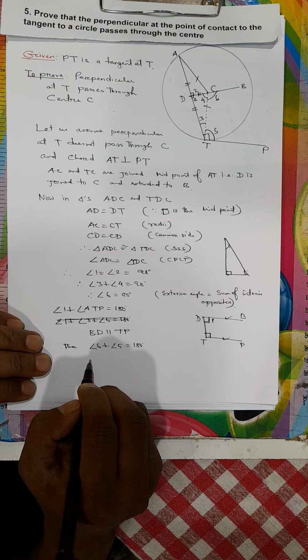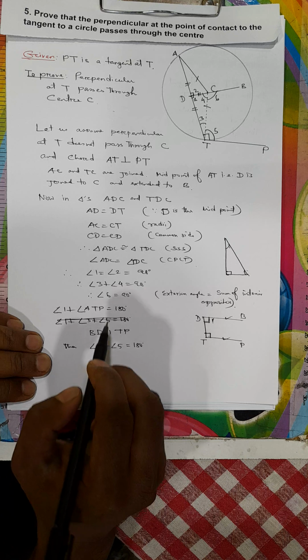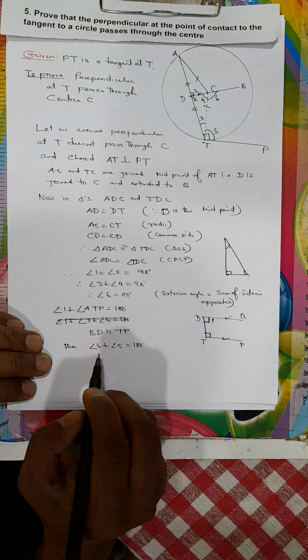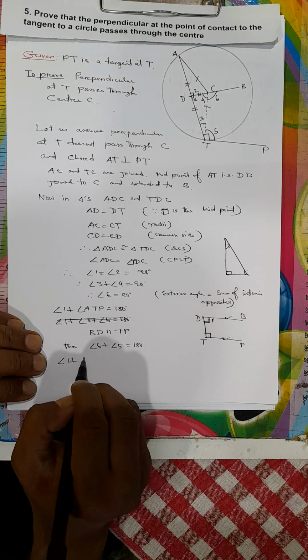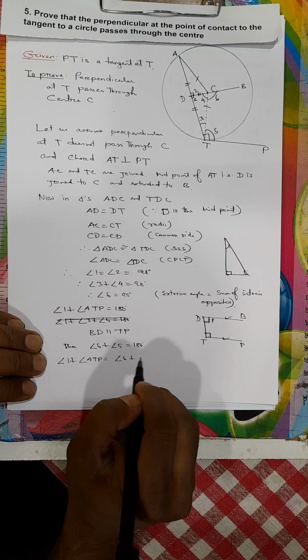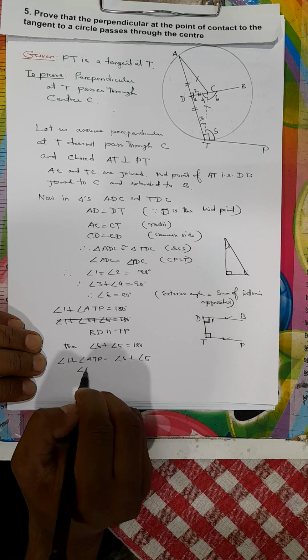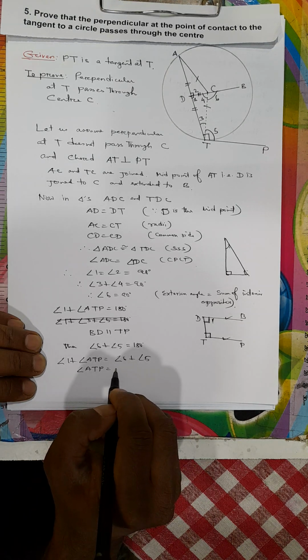Now angle 6 plus angle 5 is 180 degrees, angle 6 equal to 90 degrees. Therefore you can write angle 1 plus angle ATP equal to angle 6 plus angle 5, that is angle ATP equal to angle 5.